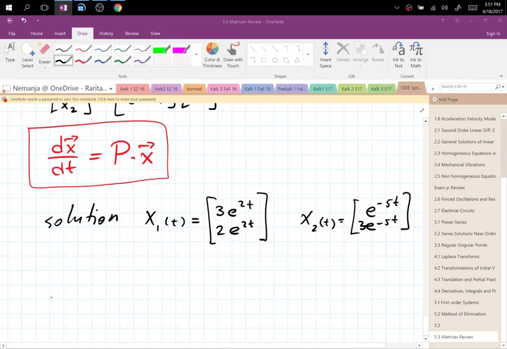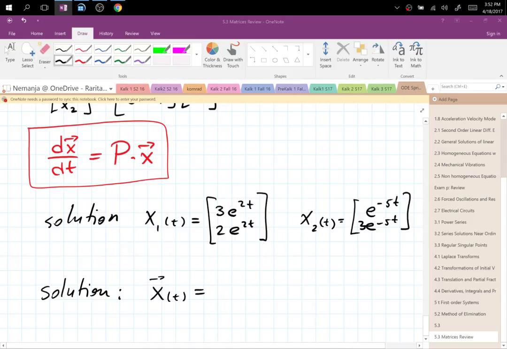I hate writing overall solution. Maybe I can just write solution. I'll write that the x solution for this one in terms of t is c1. Then you can do the combination.